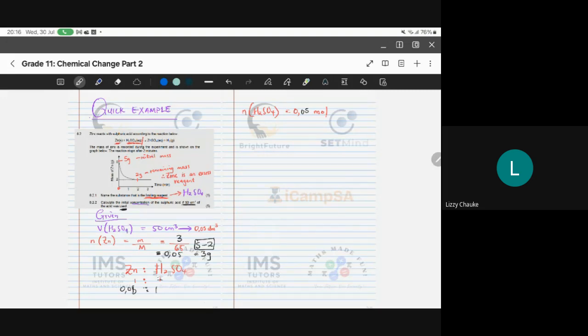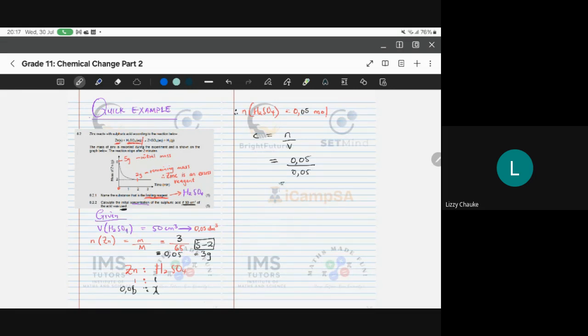Right, so let's proceed. So only at this point now can we find our concentration? C is equal to n over V. So 0.05 over, what was our volume? 0.05.